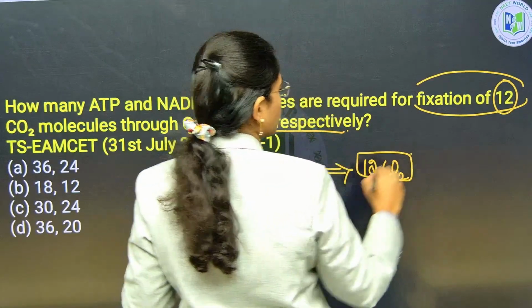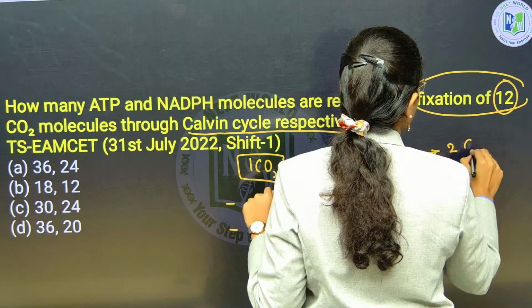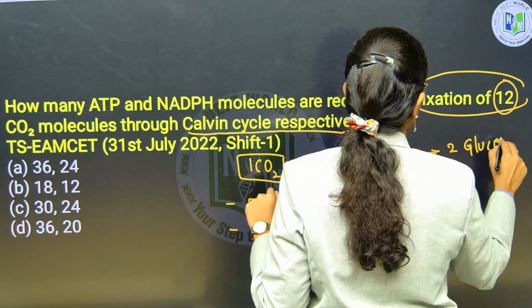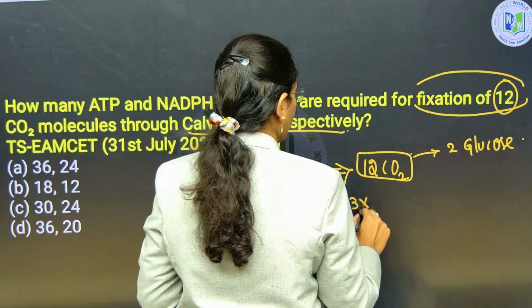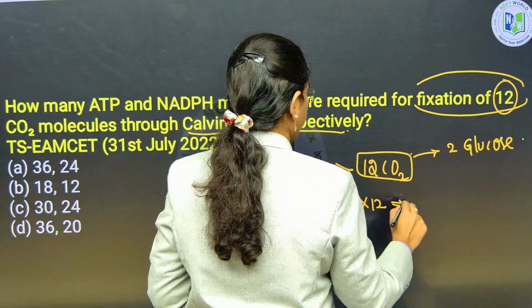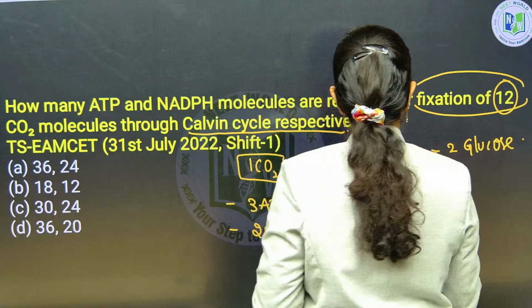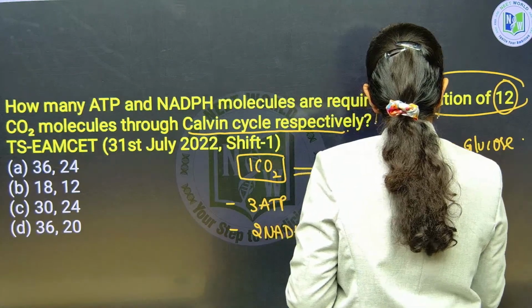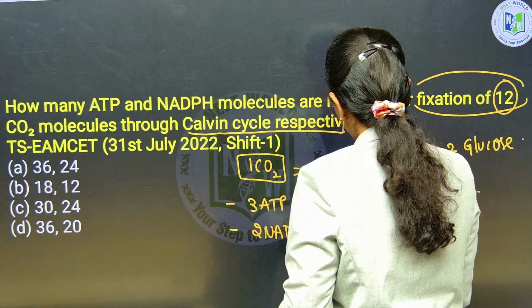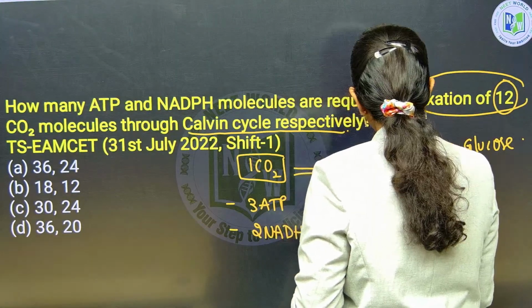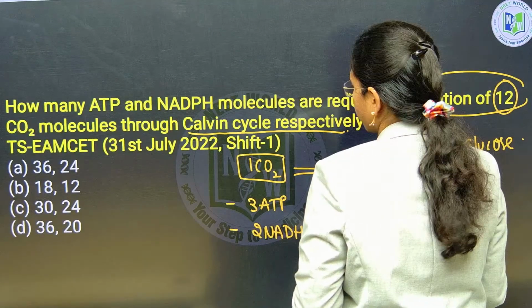For 12 carbon dioxide fixations, 2 glucose molecules are formed as products, and it requires 3 into 12, that is 36 ATP, and 2 into 12, that is 24 NADPH.